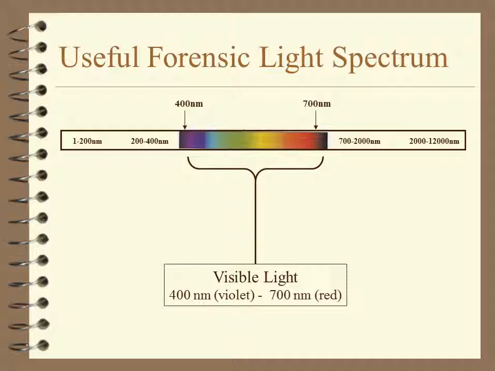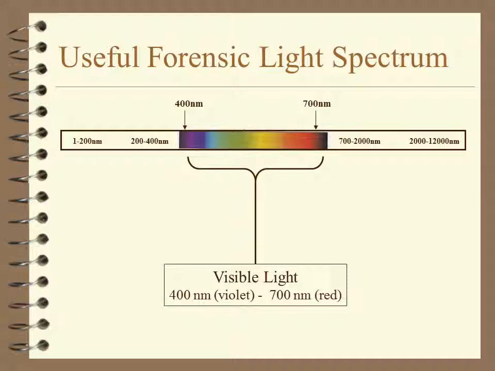Visible light occupies the 400 to 700 nanometer range. In the 400 nanometer range, the light tends to be blue to blue-violet, whereas in the 700 nanometer range, it appears red. And then light that exceeds the 700 nanometer range is often referred to as infrared.